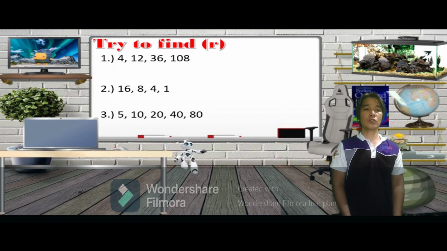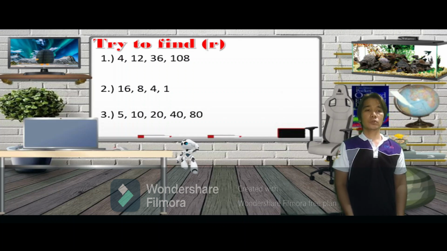Now, will you please try to find the common ratio or r in the following problems? You can pause the video to try to find the common ratio. Okay, if your answer for number 1 is 3, you're correct. How about for number 2?